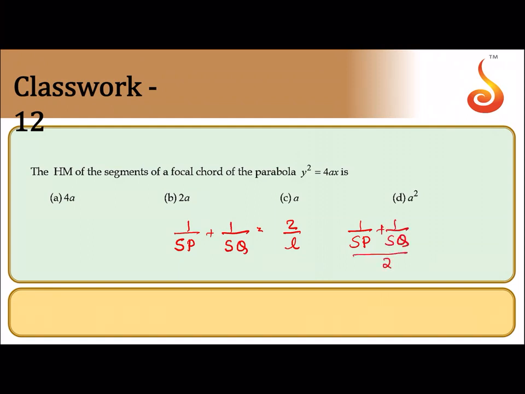The same thing I can write as 1 by SP plus 1 by SQ by 2 is equal to 1 by L. L is nothing but 2A, semi-latus rectum. Answer option B. So this is the standard result. This is applicable for all conic sections.